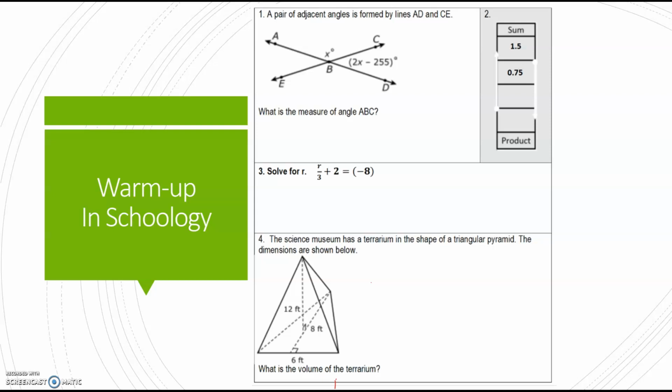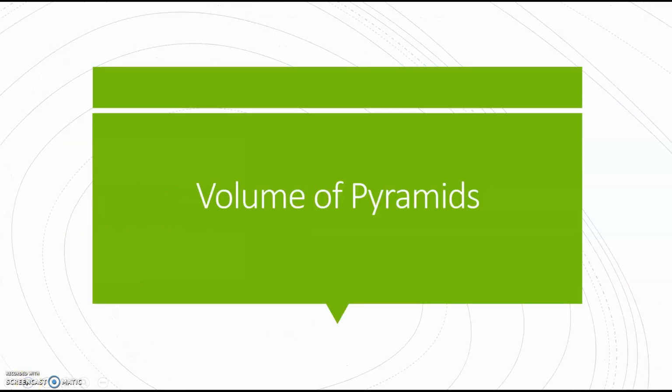And so the first question that we always are asking ourselves with volume, so question one, we always start by asking ourselves, is it a prism or a pyramid? So that's where we're going to start.